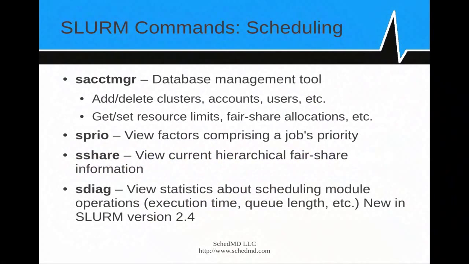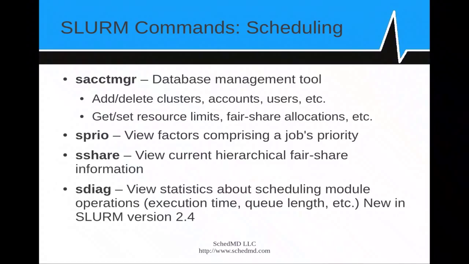So for Slurm scheduling, there are a number of tools to be aware of. There's sacctmgr. That's your interface to the database, and you can use that to add and delete clusters, accounts, and users from the database, and get and set resource limits, preemption rules, and so forth. sprio will report the various factors that are used in computing a job's priority.